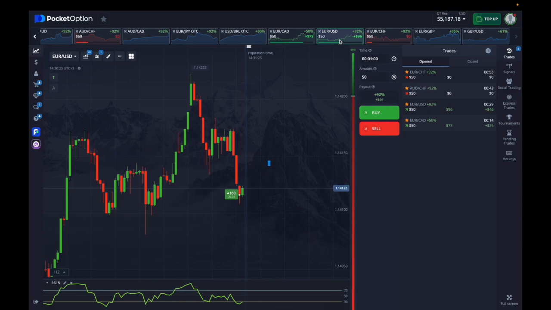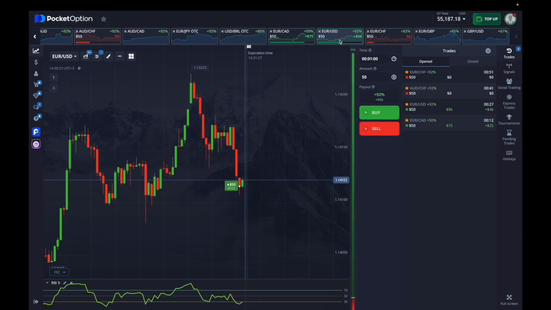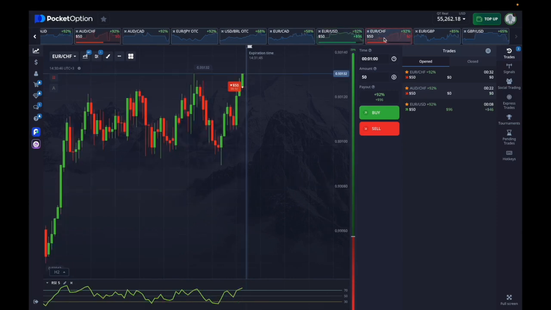Let's take a look. The first trade is EUR USD. There are just a few seconds left until expiration. Literally 2 seconds. Great job. Plus $50. Next trade. All right.